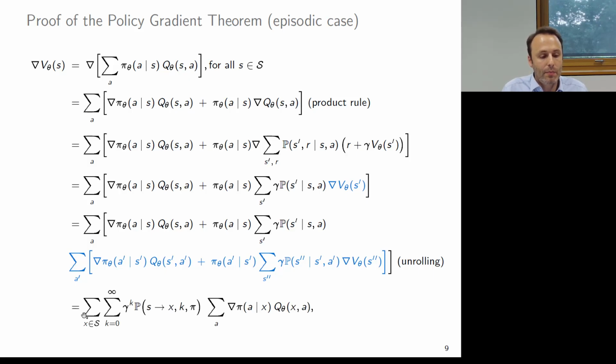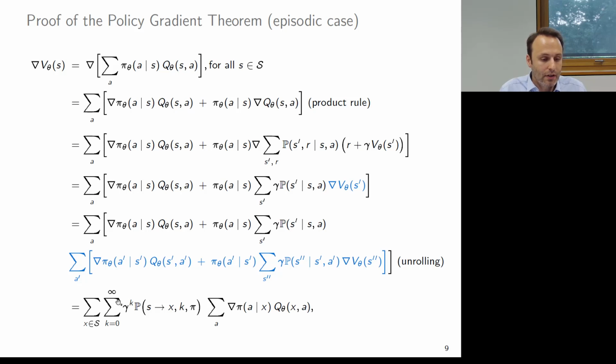Then we get a double sum here of a discounted probability, and then we have this sum over all the actions again times the gradient of the policy weighted by the future rewards. So this is familiar already.